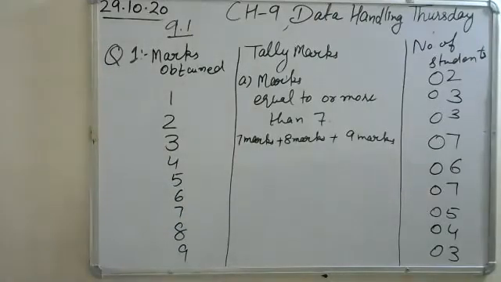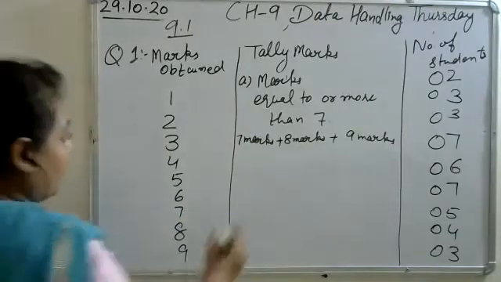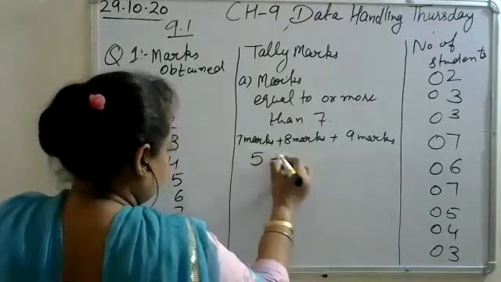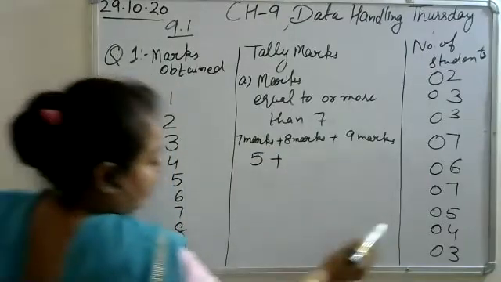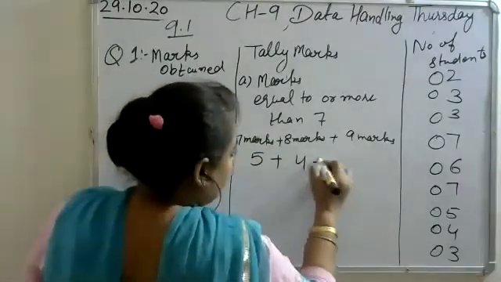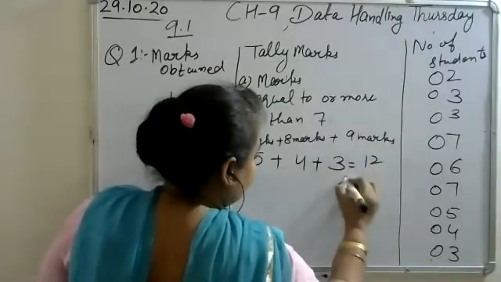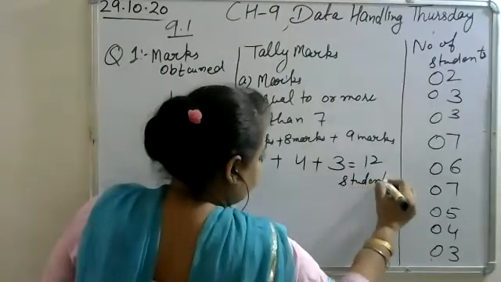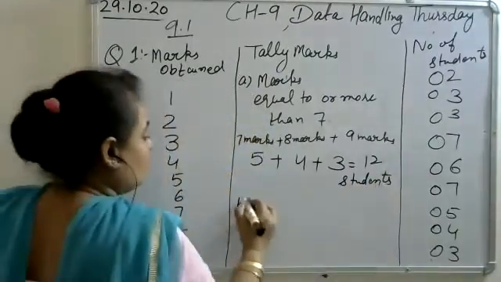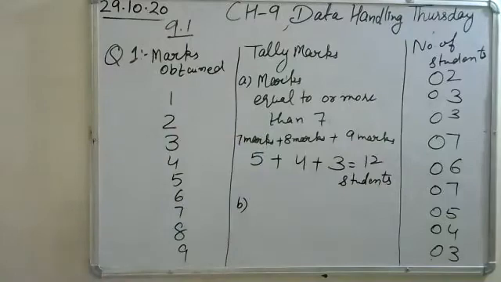So 7 marks are obtained by 5 students. 8 marks are obtained by 4 students and 9 marks are obtained by 3. So total 12 students. Now come to the B part. This is A part.